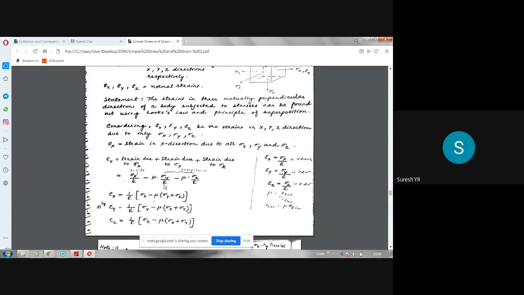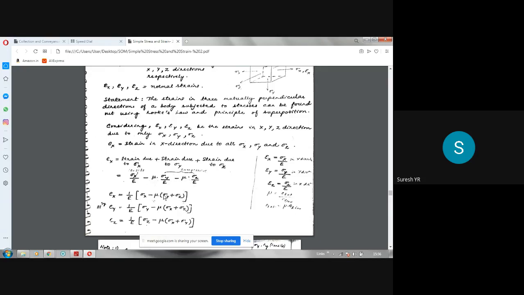So we have used sigma x by E, sigma y by E, sigma z by E. These terms are nothing but Hooke's law, and the principle of superposition means this is positive, this is negative, this is negative. If you take 1 by E common, it becomes sigma x minus mu, which you can take common from these two, mu into sigma y plus sigma z. Like that you can write.